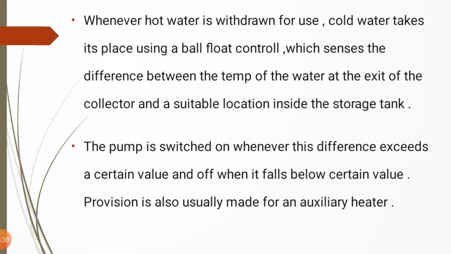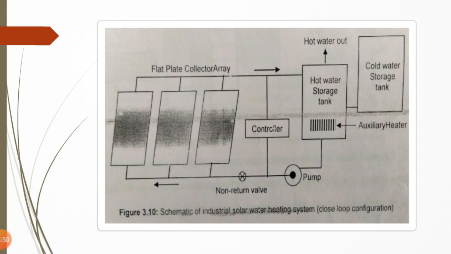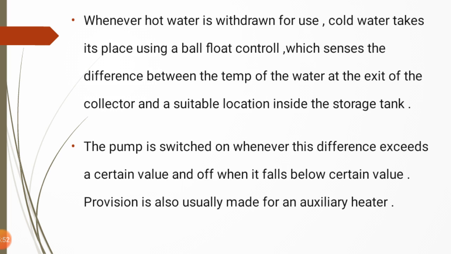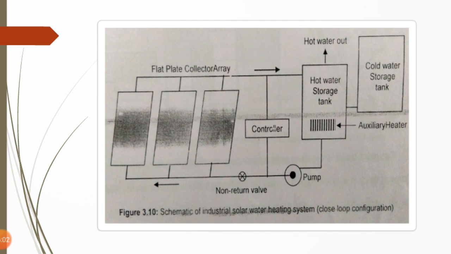Whenever hot water is withdrawn for use, cold water takes its place using a ball float control, which senses the temperature difference between the temperature of the water at the exit of the collector and a suitable location inside the storage tank. That means after heating, the hot water is collected in the tank.